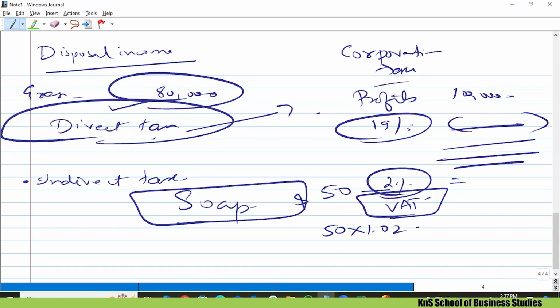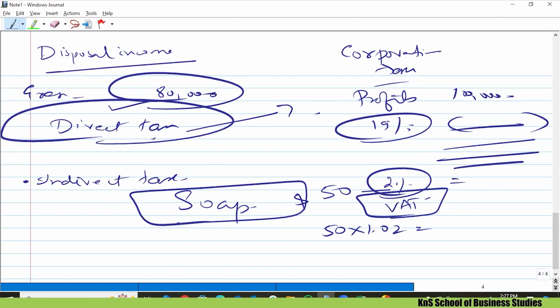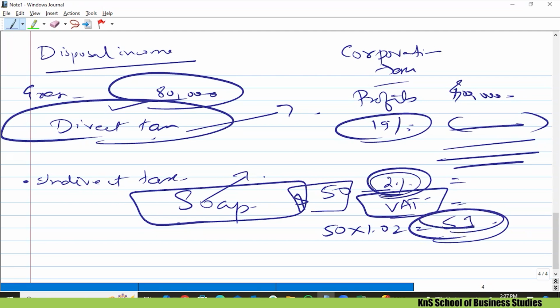Actually, the price would be this. Let's do it over here to get quicker answers. 51. So when I purchase this commodity, this product, I will not pay 50 only, neither will I pay just this 2% of the amount, this 1 rupee. No, I'm going to pay this 51.